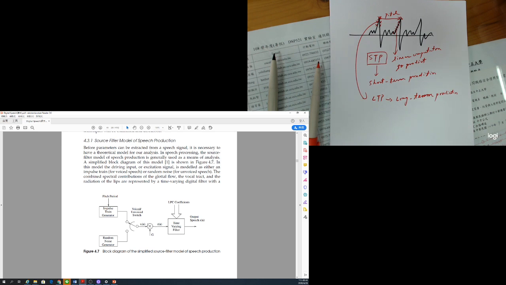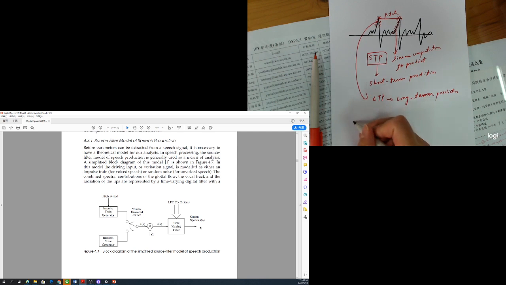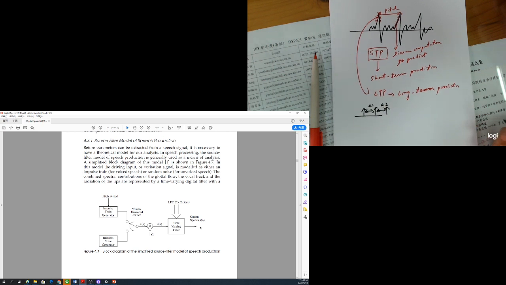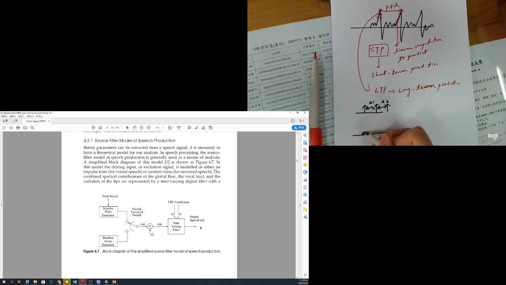They combine together, go through the short-term prediction, and a speech signal comes out. Because you have a pitch signal, it looks like this, maybe with some variation, so this will be delta 1, delta 2 as our pitch signal. The other one could be small random noise. They are combined together by switching, so it's multiplexing.